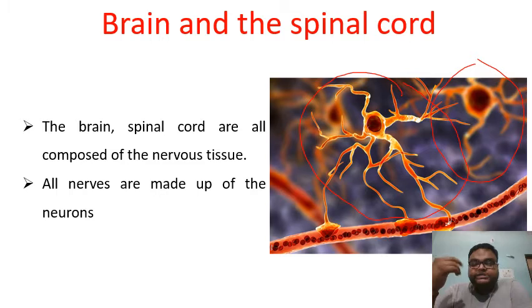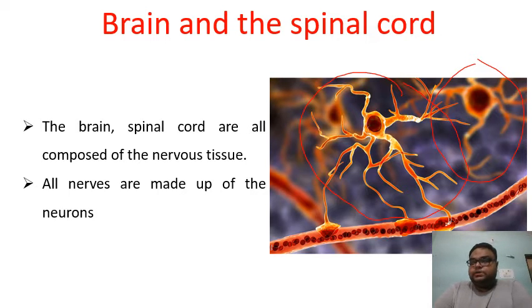So where is it going? It is going into your brain, right? And your brain is storing that information, and that is happening via all these neurons only, right? So these neurons are there in the brain and the spinal cord, and not only there, neurons are present in every nerve of our body. Every nerve in our body is composed of neurons.